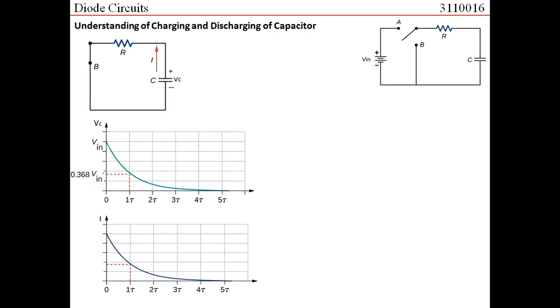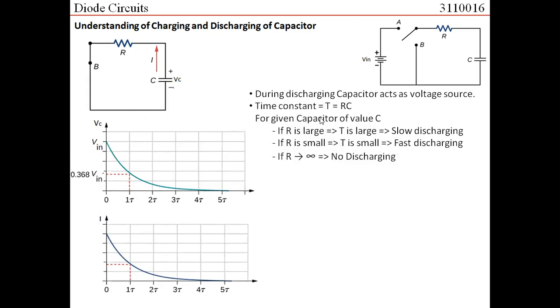Again, the question is: how fast would this discharge? This again depends upon the time constant, the same time constant RC. If R is large, T is large, so my discharging would be slow. And if R is small, T is small, my discharging would be fast.